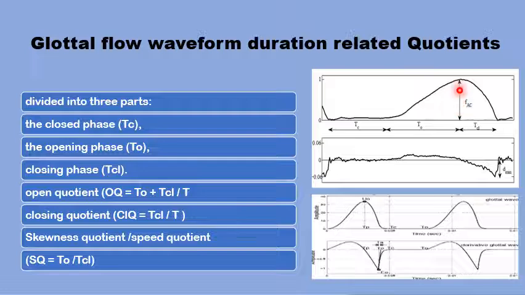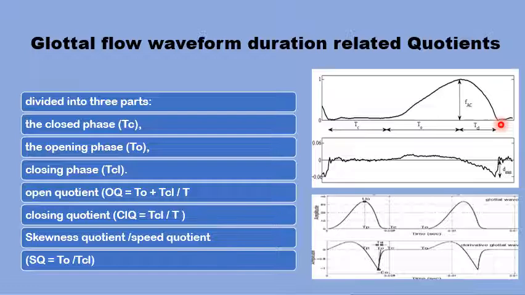Others are related to the amplitude of parts of the waveform or its time derivative. Starting with the duration related parameters, we've seen that a typical glottal flow waveform is divided into three phases: the closed phase, the opening phase, and the closing phase.